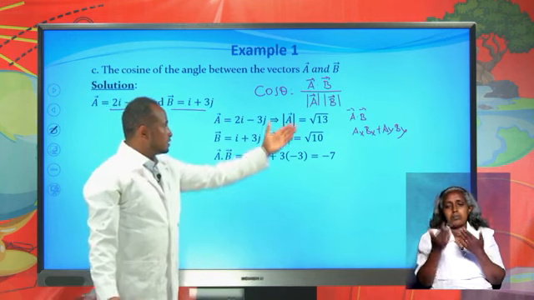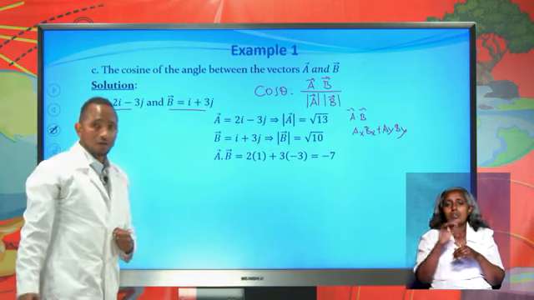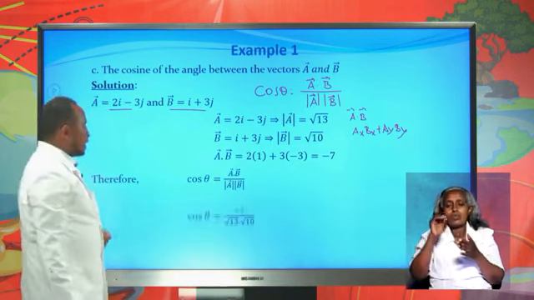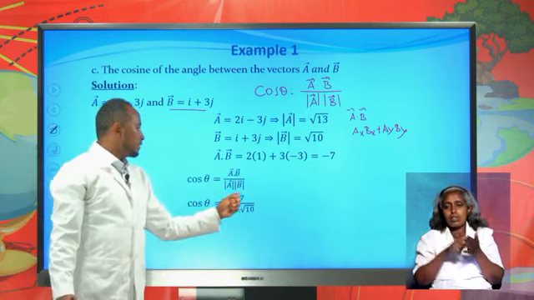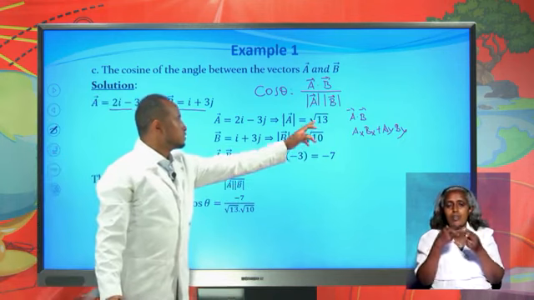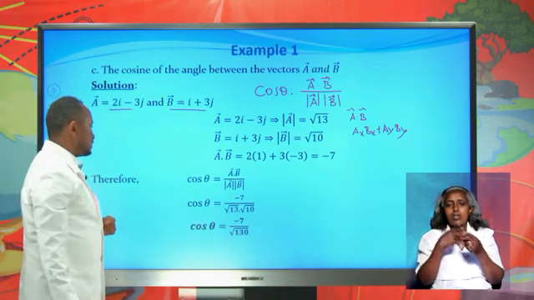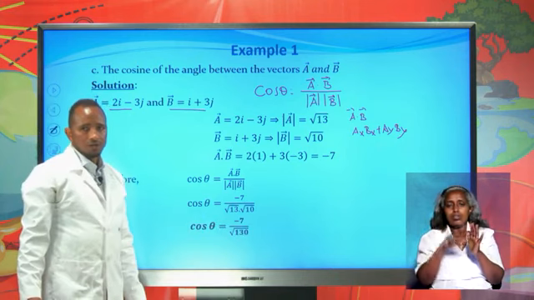So simply, since we have these numbers, you put them in the formula, and you can find the cosine of the angle between the vectors. The cosine of the angle between the vectors will be this: a dot b is minus 7 over the magnitude of a times the magnitude of b, which is the product of radical 13 times radical 10. So cos theta will be negative 7 over the square root of 130.